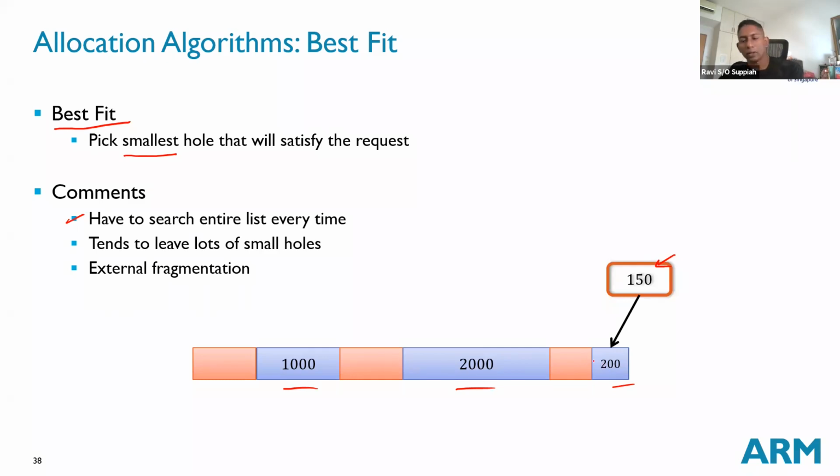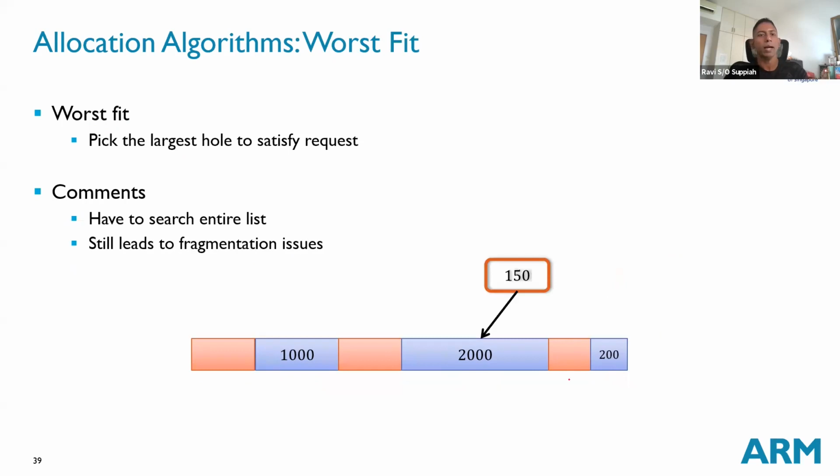Of course, the issue with that is you tend to leave a lot of small holes. Once I allocate 150, I still have a slot of 50, and if nobody requests 50, then that small hole would be there, unused.